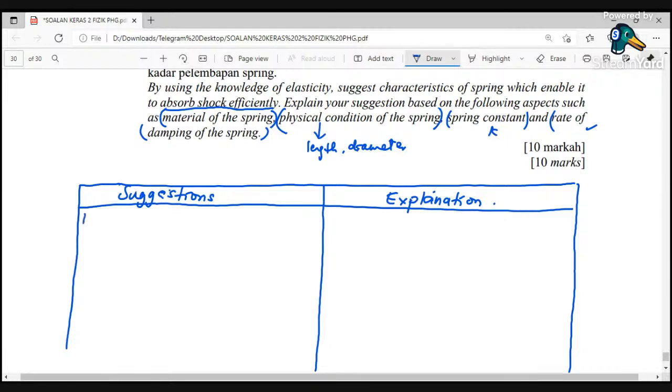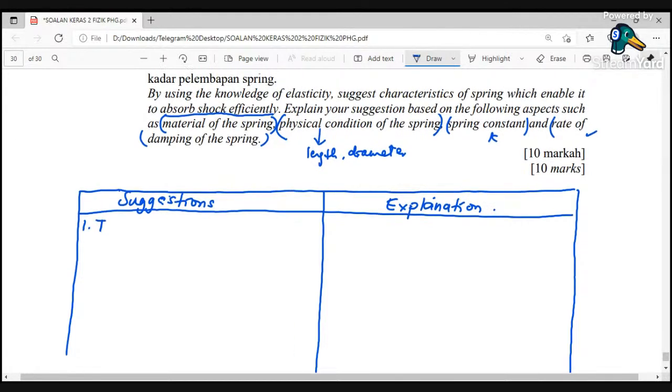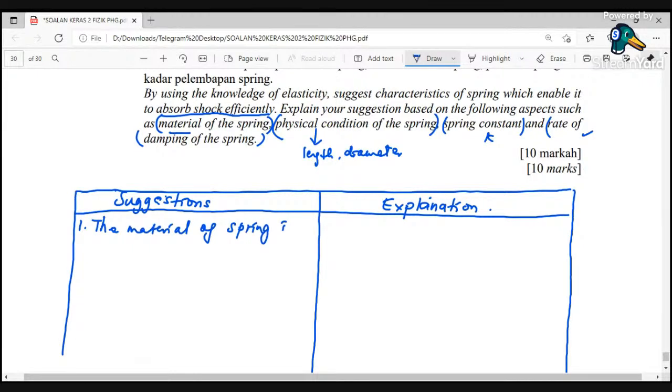Okay, so the first point I will explain about material, of course. So I prefer you all to write completely the aspect. The material of spring is steel.